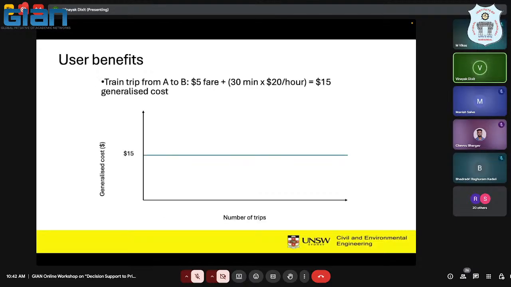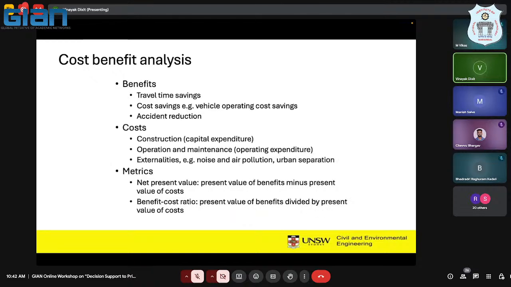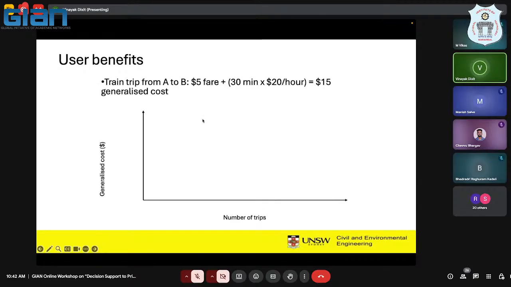So when we were doing our benefits, we talked about travel time savings, cost savings, and accident reduction, and I want to spend some time talking through how we should be looking at this. When we look at the demand, we did some aspect of elasticity, right?